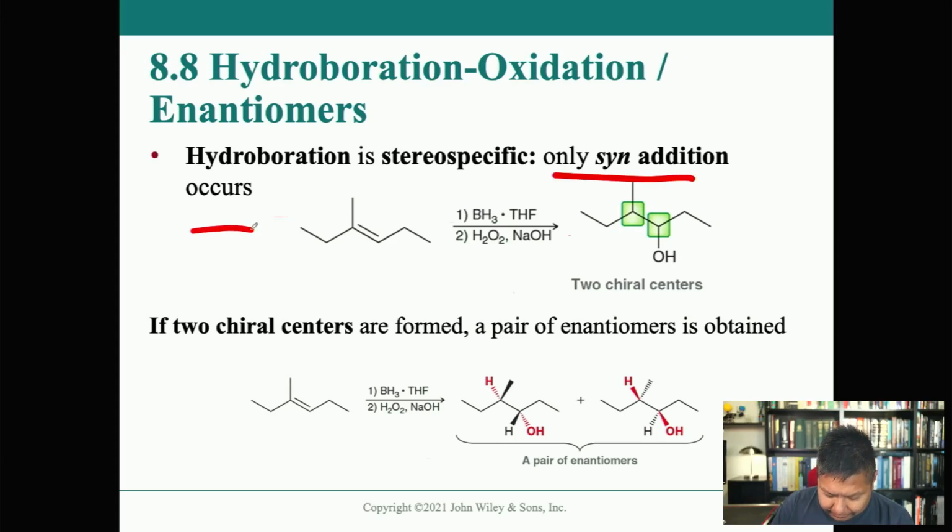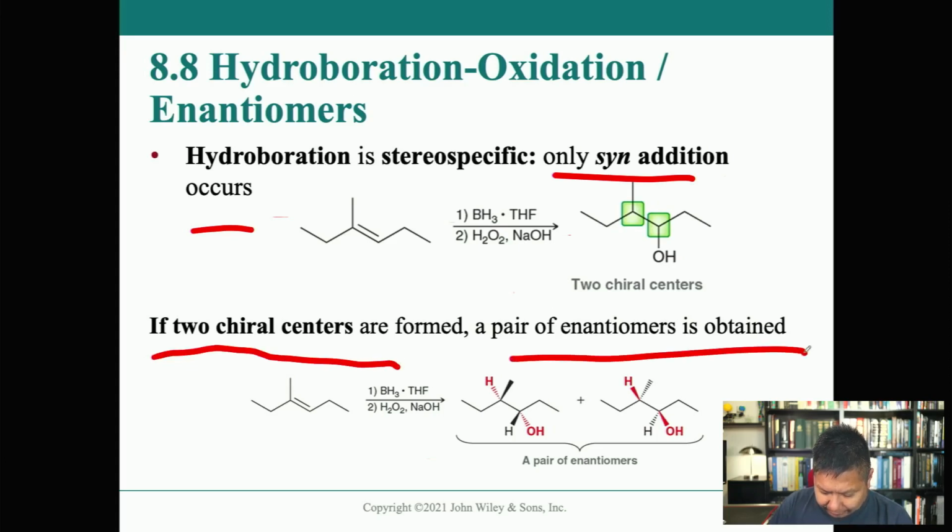If there are two chiral centers formed, then a pair of enantiomers is obtained. Notice here, the hydrogen and the OH are on the same side, they're both syn. There's no anti. That's the big thing out of that, because this guy had two chiral centers.